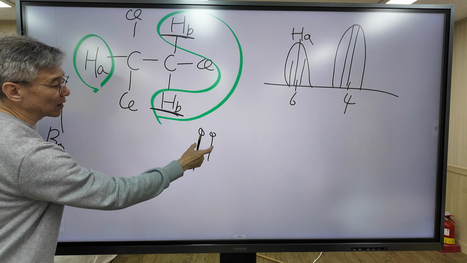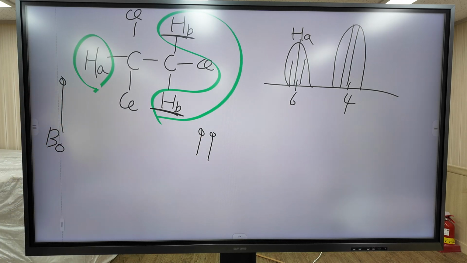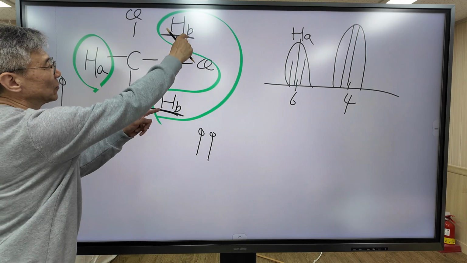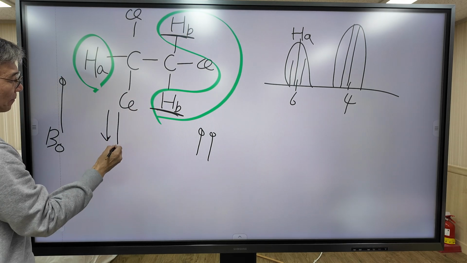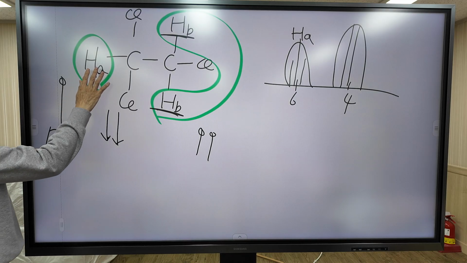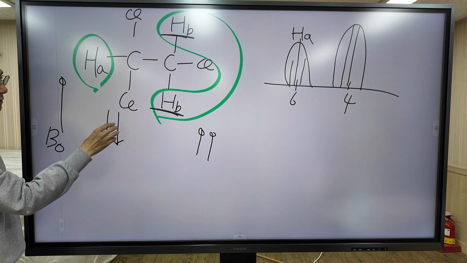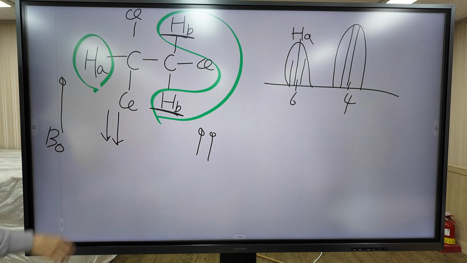The second possibility is that the two Hb protons are down spin. In this case, the transition frequency is lowered because this magnetic field opposes the external magnetic field.